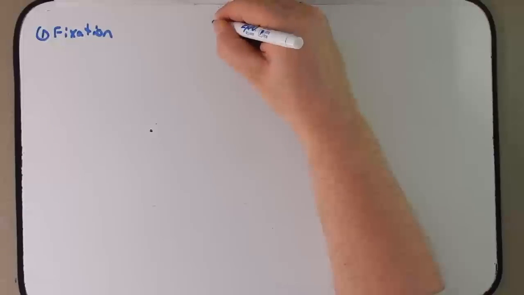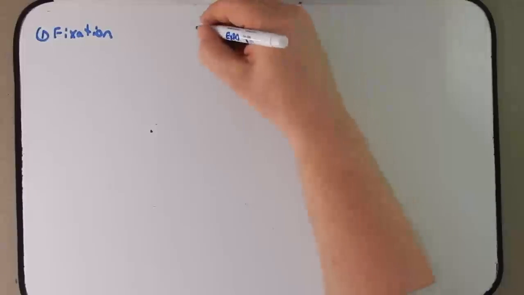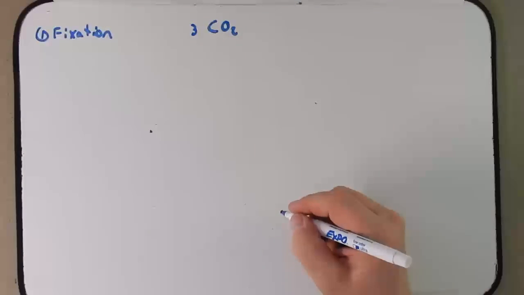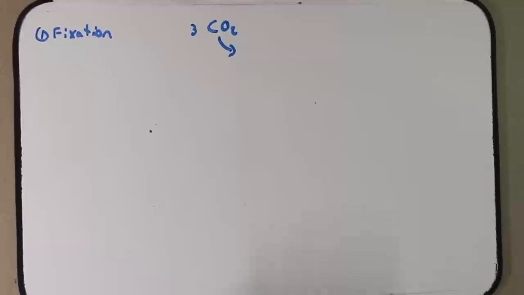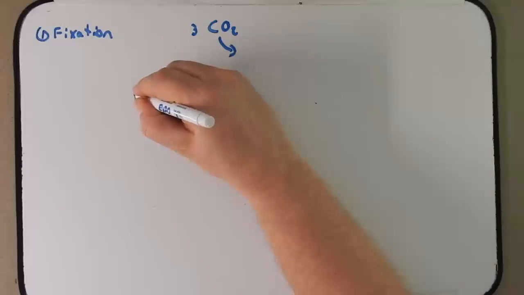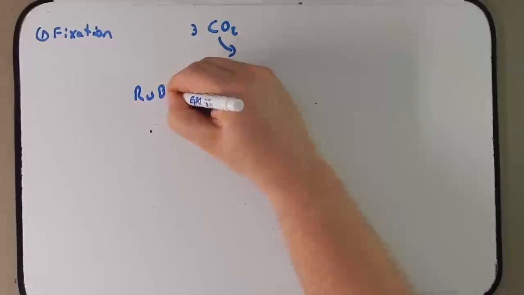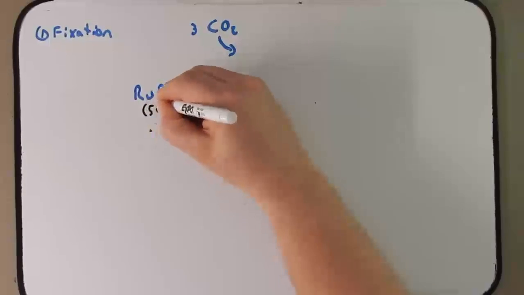Fixation involves carbon dioxide, in fact 3 carbon dioxides, entering the cycle. And it enters the cycle by adding this carbon to a molecule that we're going to call RuBP. RuBP has 5 carbons.